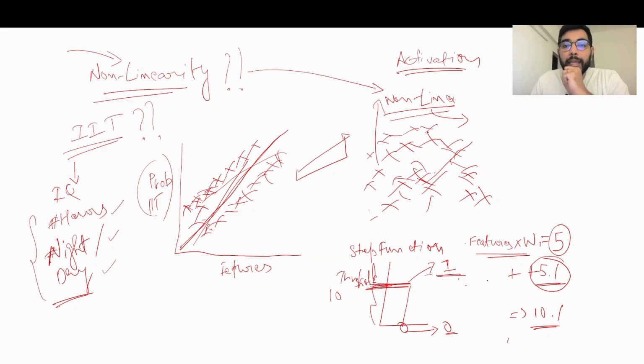Remember what I told about bias? Bias is a triggering switch. It will help the neuron to fire or not fire, in both the positive and the negative direction. If, let's say, the bias was 5.1, the neuron will fire. If the bias were around 4, the sum of 5 and 4 will become 9 and the threshold won't be breached in this particular activation function, so the neuron will not fire in that particular case.